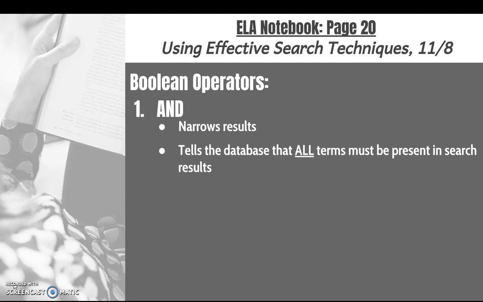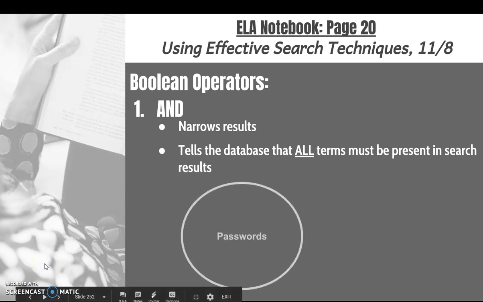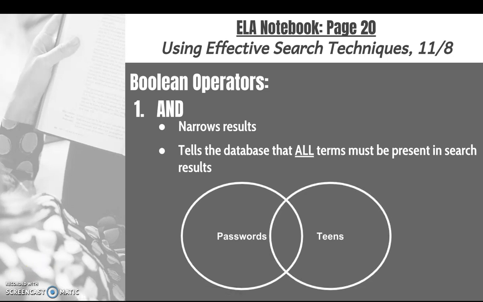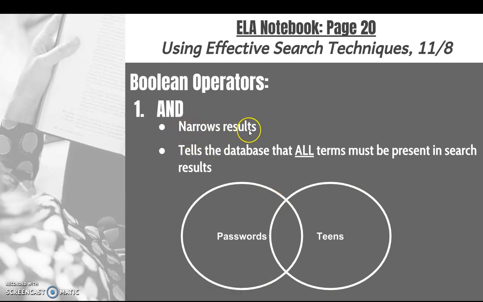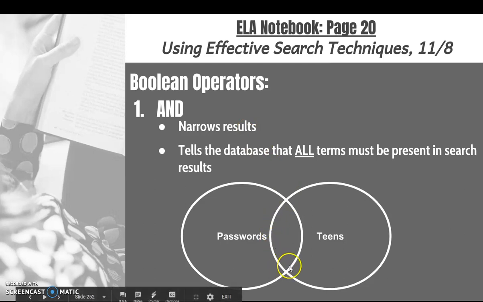Now, as I go out searching, I'm going to use a couple of key terms from my question when I begin searching. I'm going to use the term passwords and the term teens because I'm specifically looking for how teens can use effective passwords. When I use the Boolean operator and, I'm going to search for both passwords and teens, but because I'm narrowing my results, using the word and is only going to give me this area that overlaps in my Venn diagram.